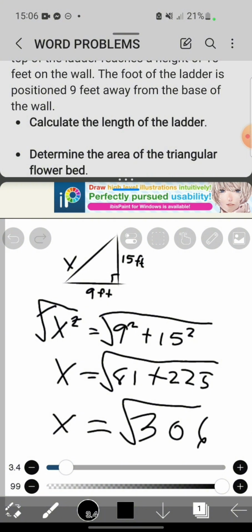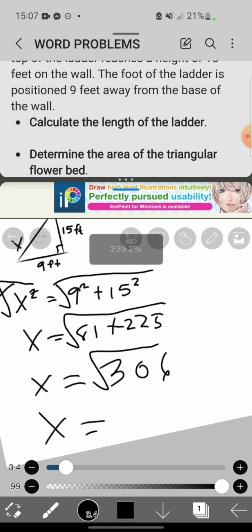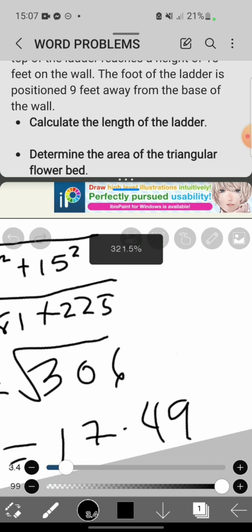So the square root of 306, so the hypotenuse is equivalent to 17.49 feet.